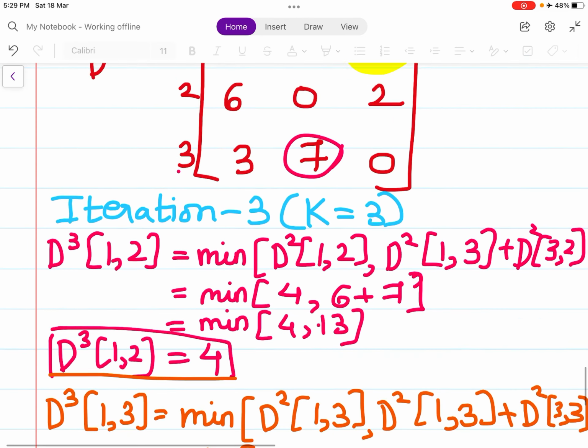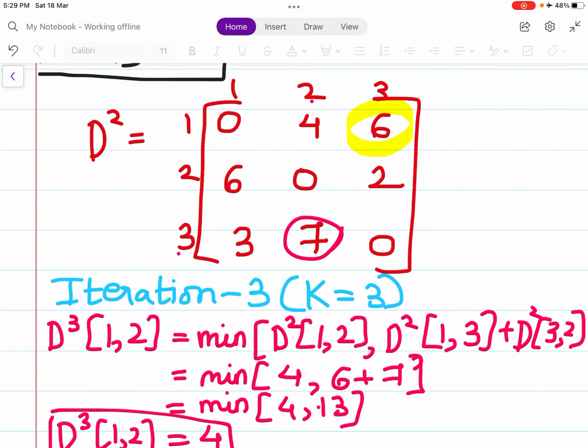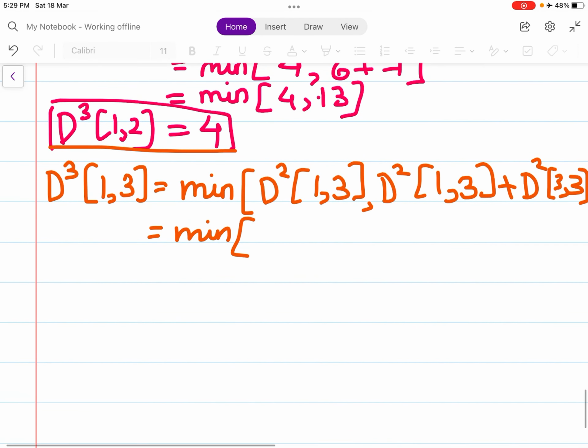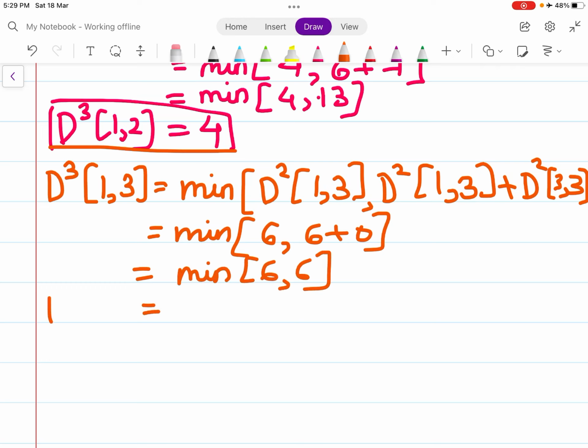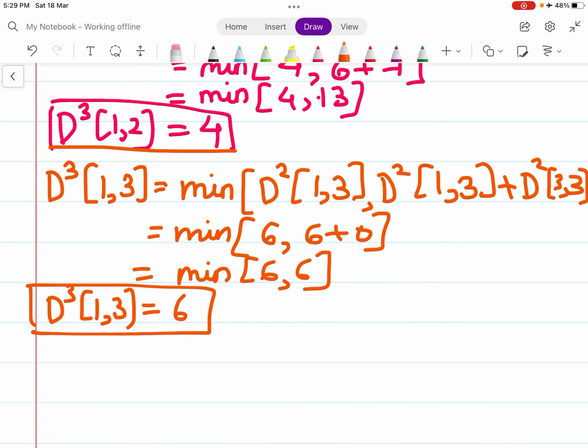So minimum of 1 comma 3 is 6, comma 6 plus 0. So minimum of 6 comma 6 is 6. So the value of D3 1 comma 3 has not changed.